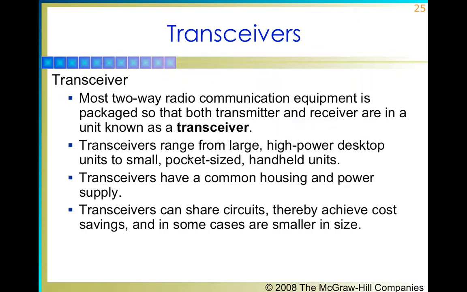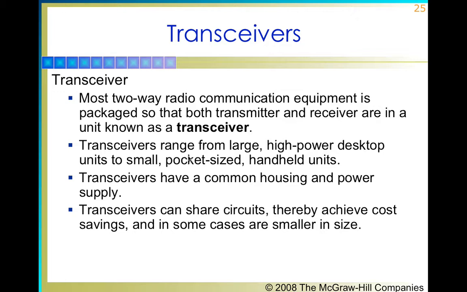Then we have another topic, which is the transceiver. Usually we study the transmitters used for transmission purposes. The receiver does the reception of the signal, and then we have the transceivers, which do both kinds of operations. A device which does the operations of the transmitter as well as the receiver is said to be a transceiver. These transceivers can be very large or very small.